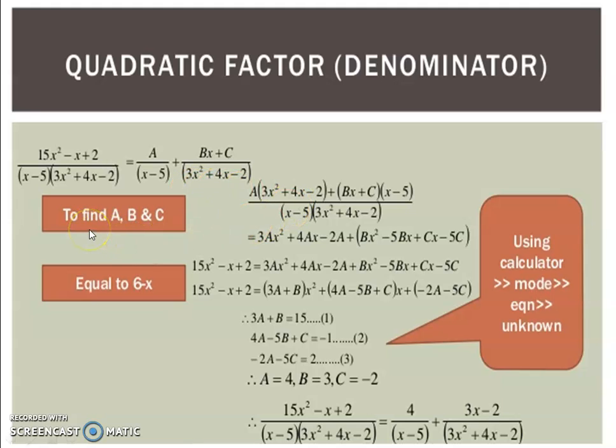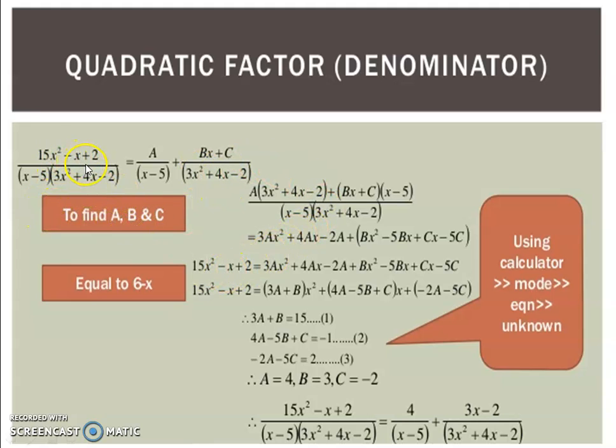Now we have to find the values of capital A, B and C. So we take the cross multiplication: A(3x² + 4x - 2) + (x - 5)(bx + c). The denominator is common and will be cancelled, so the numerators are equal.